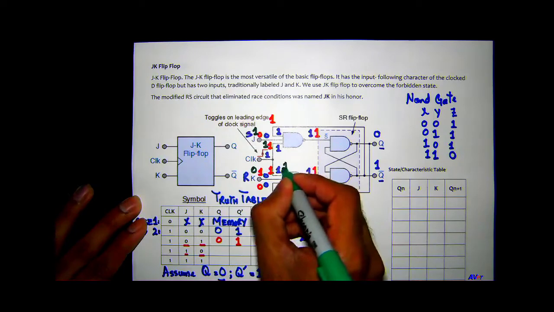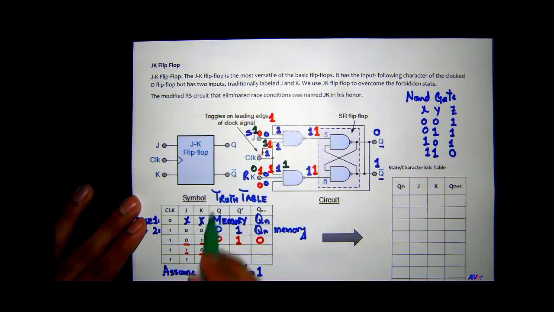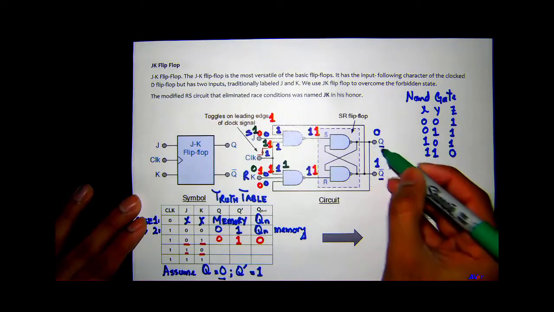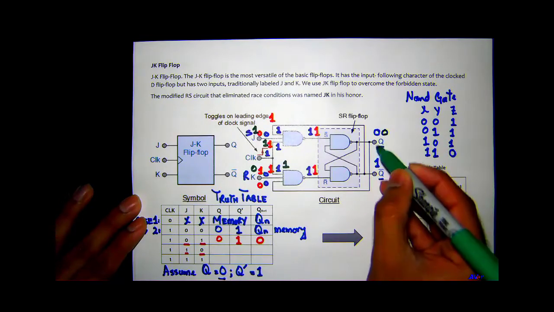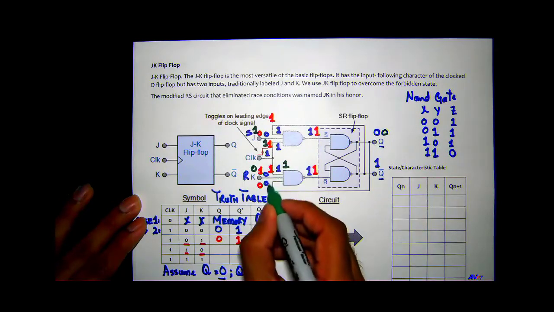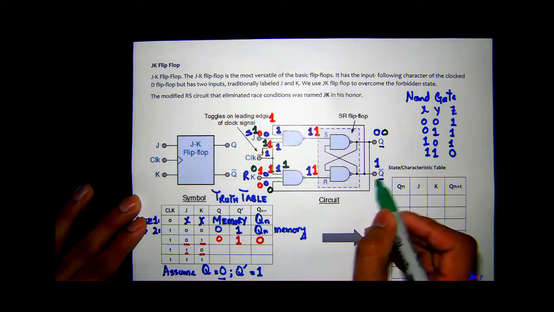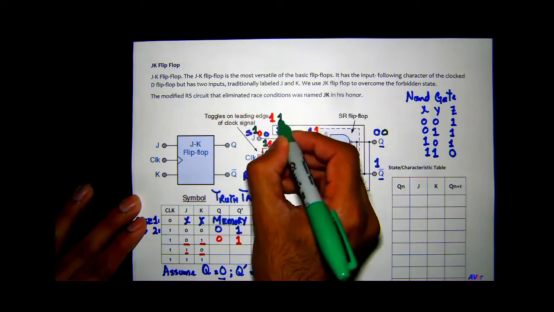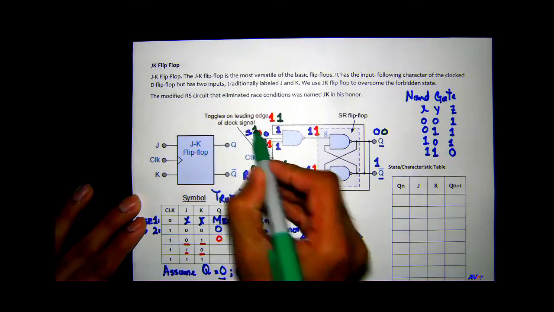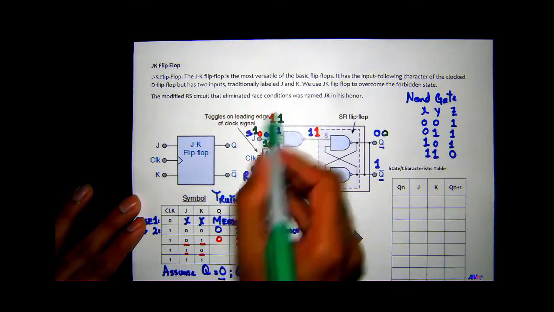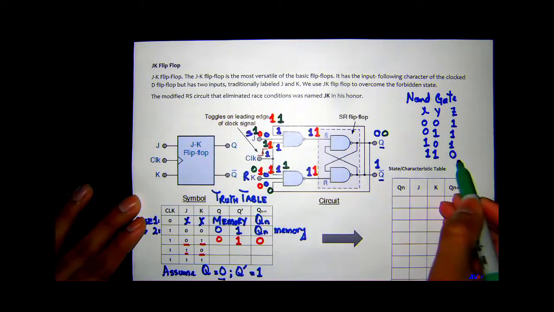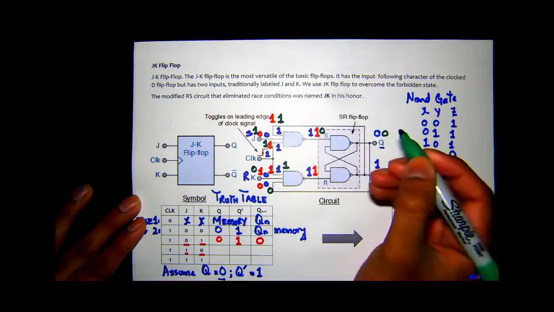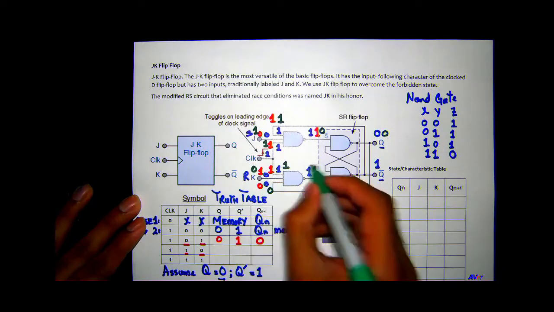So you get 1 here. Now Q is 0 here, so this is fed into this input right here, and Q naught is 1, so this is fed here. So 1 1 1, we're looking at the green, 1 1 1 gets you 0, okay, and then 1 0 0 gets you 1.